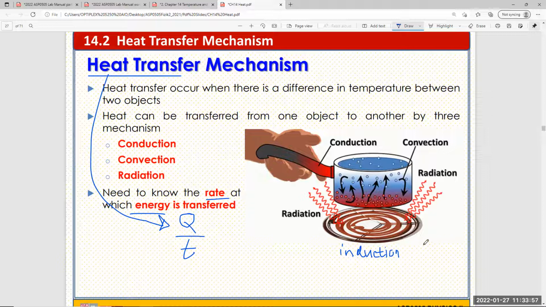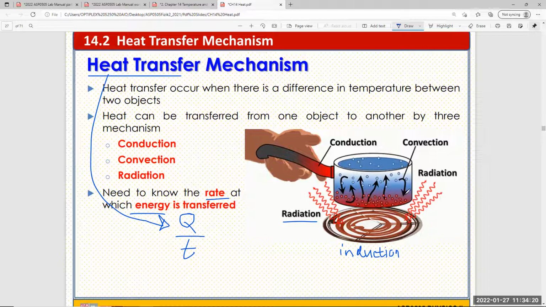We use flame. But now let's say, as a model, the induction cooker is using radiation, a kind of heat transfer to your cooking bowl here.